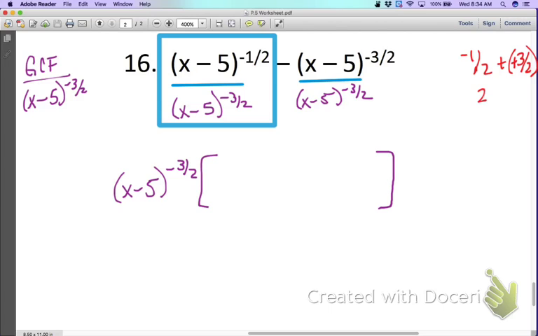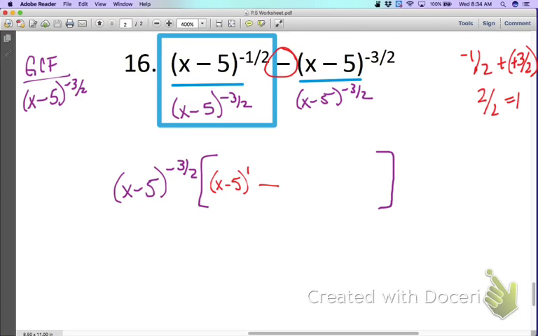Well, that makes it 2 over 2, which is just 1. So whenever we divide it, what's left inside here is (x - 5) to the first power. It's a subtraction sign right here, so it's going to be a subtraction sign right there.